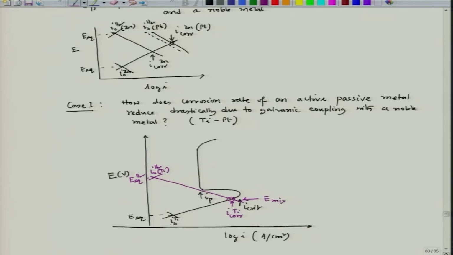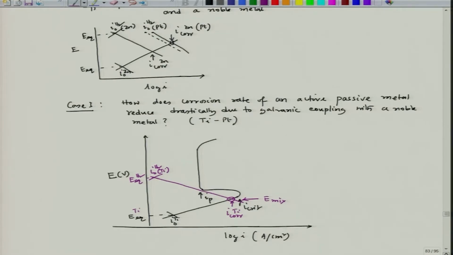Titanium has a lower equilibrium potential than hydrogen equilibrium. So, the corrosion rate is falling in the active zone of the anodic polarization side of titanium.